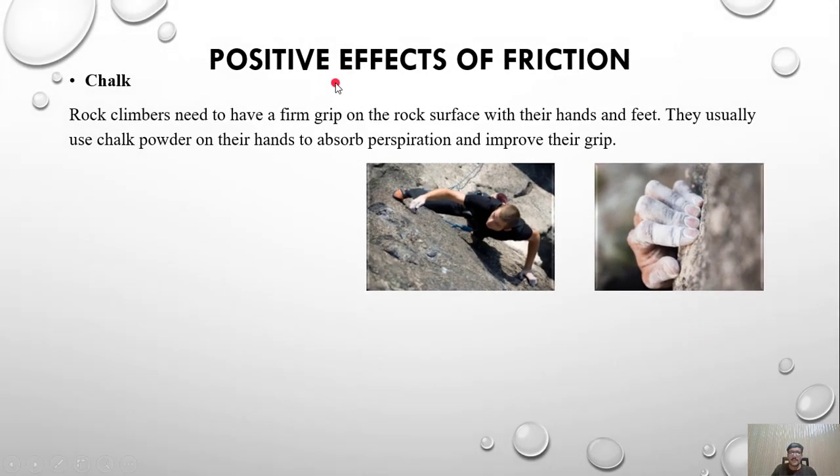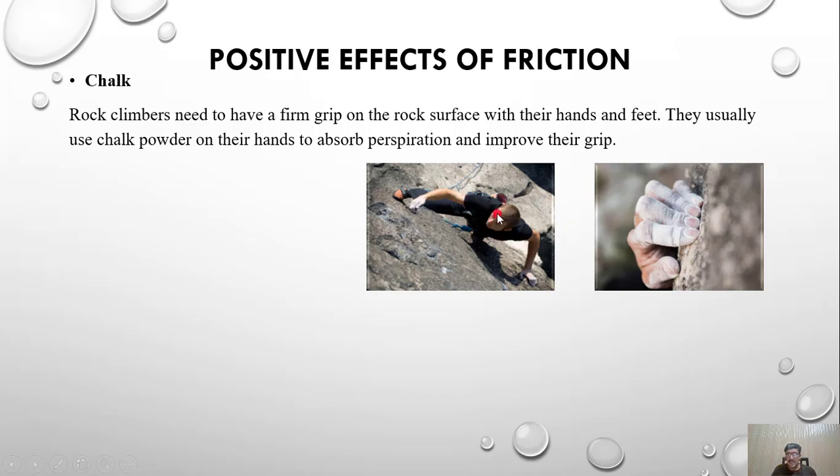So here we have some positive effects of friction. Chalk is one example, and it is mostly used by rock climbers because they need to have a firm grip on the rock surface with their hands and feet. You can see here the chalk is applied on the fingers.